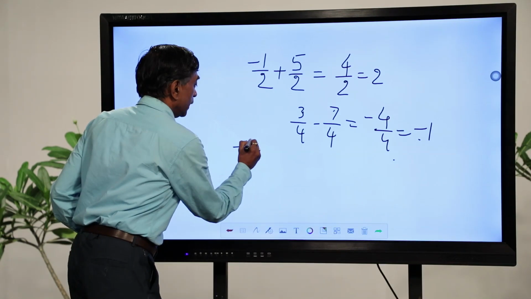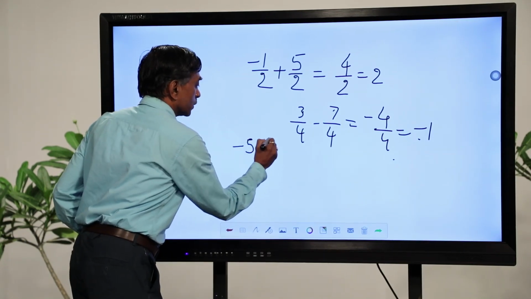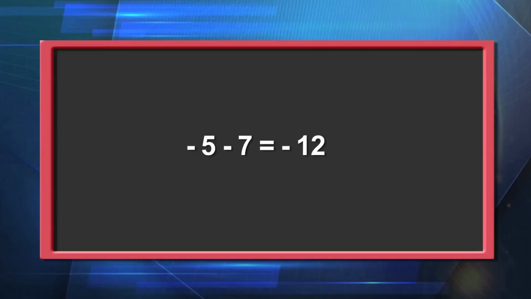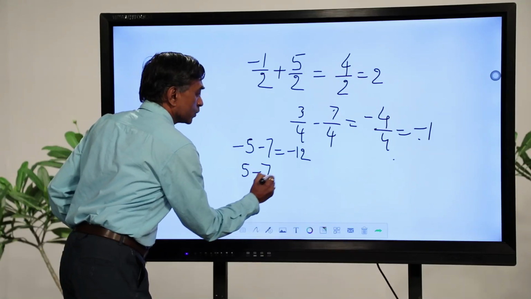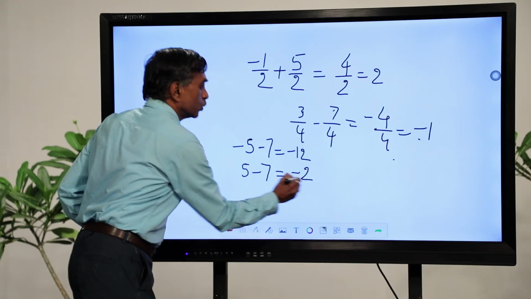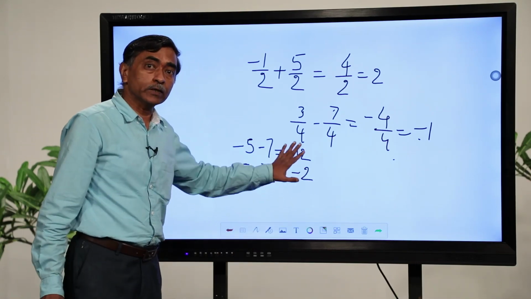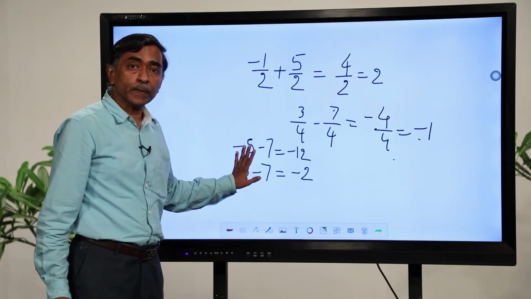For example, I can say minus 5 minus 7 is equal to minus 12, which is again an integer, or I can say 5 minus 7 is equal to minus 2, which is again an integer. So, it is closed under the operation of subtraction.